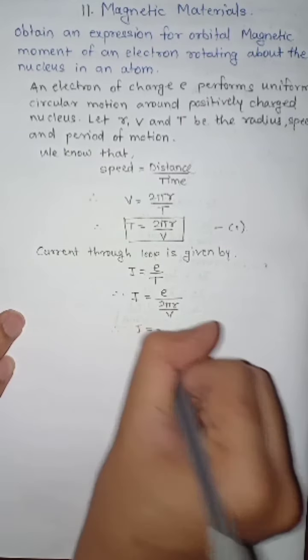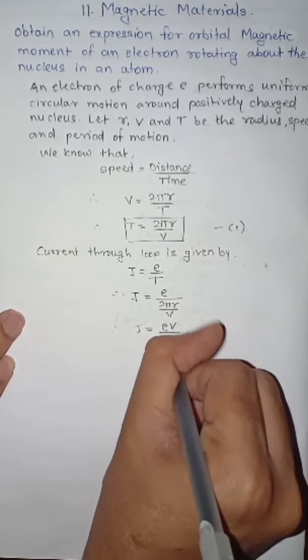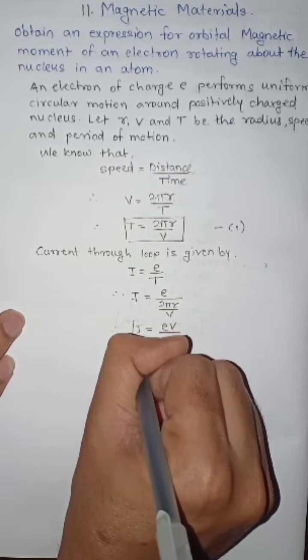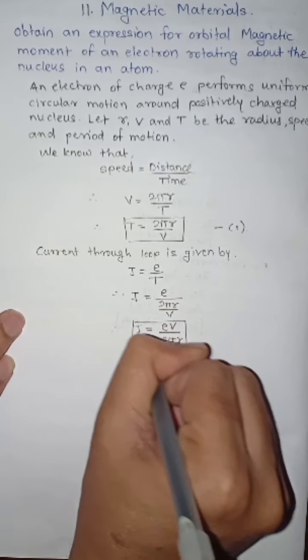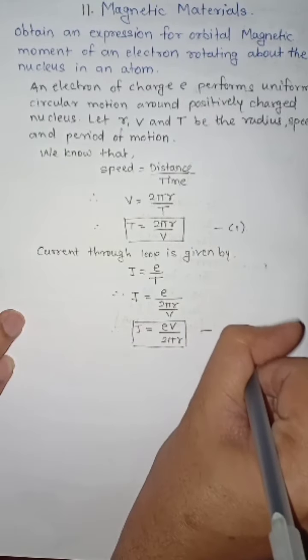Therefore I is equal to e v upon 2 pi r. This is our equation number 2.